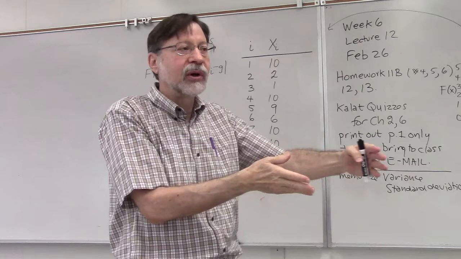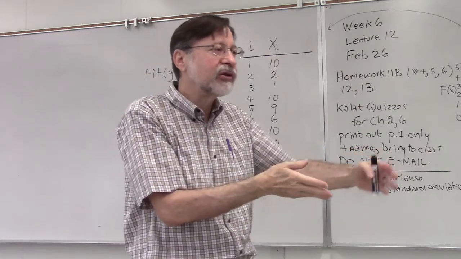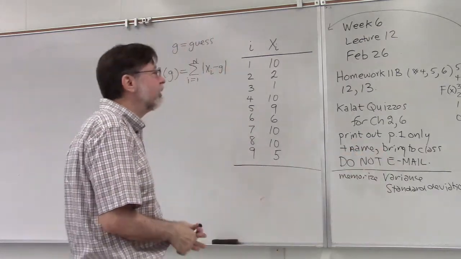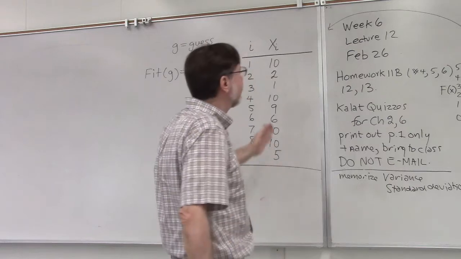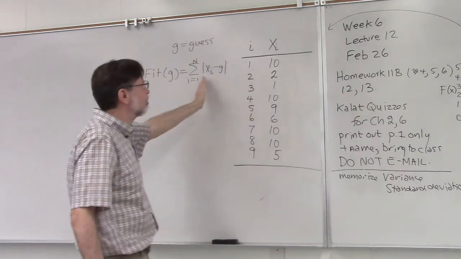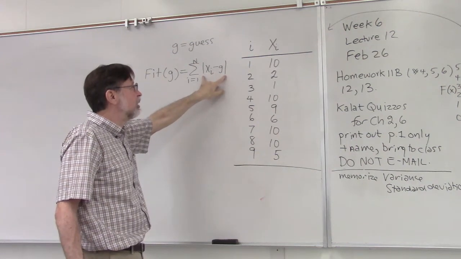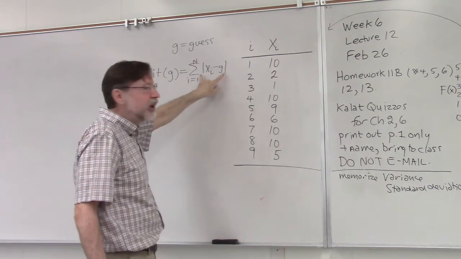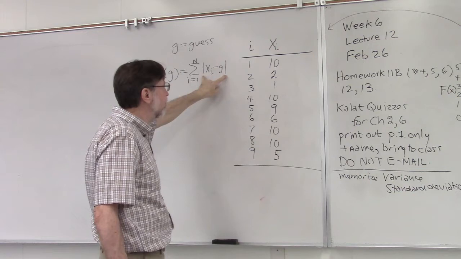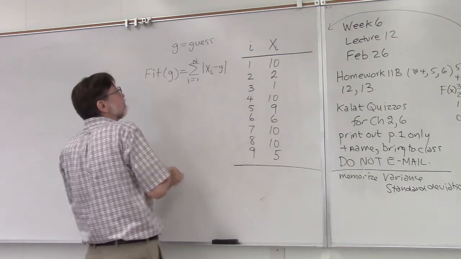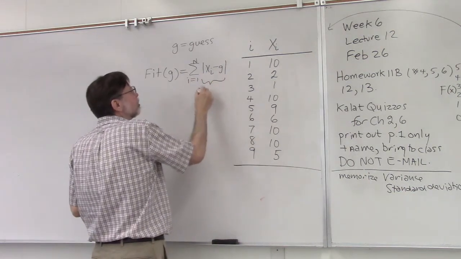So if your score in shooting at something is how far off were you, this minimizes the sum of the distances to the other numbers. We take each number, subtract the guess, take the absolute value of it. That's the size of your error. That's the absolute error. That's the distance.